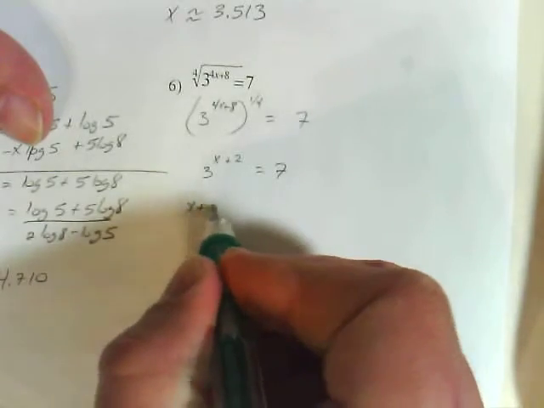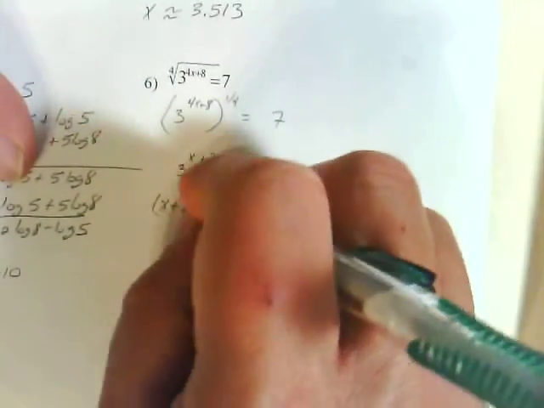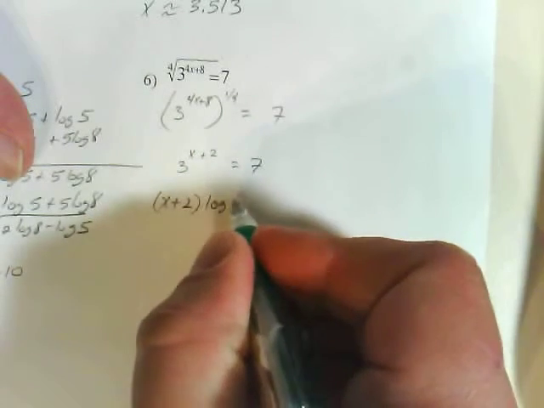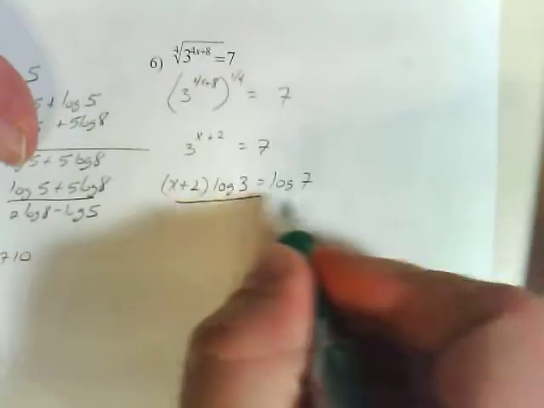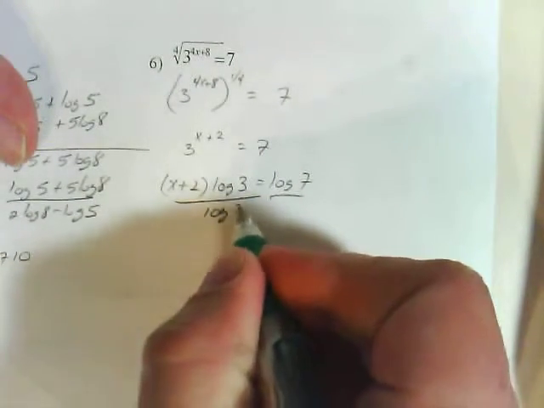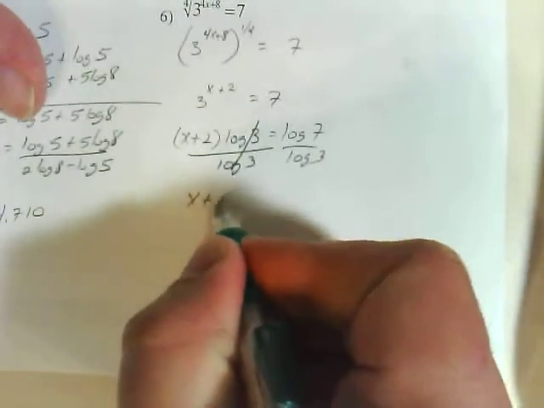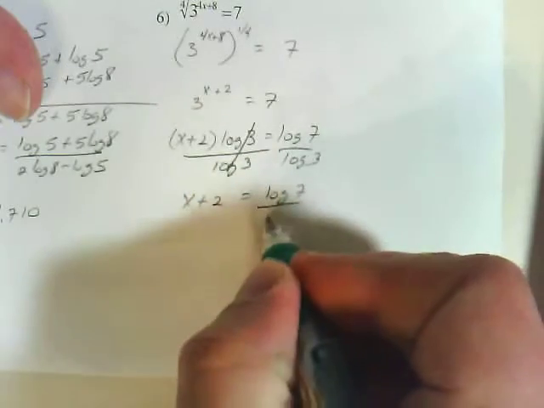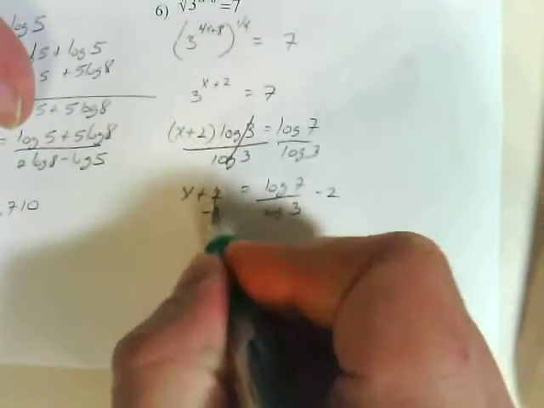Again, x plus 2 in parentheses log of 3 is equal to log of 7. Divide both sides by the log of 3. Cancel out. x plus 2 is equal to log of 7 over log of 3. Subtract 2 from both sides.